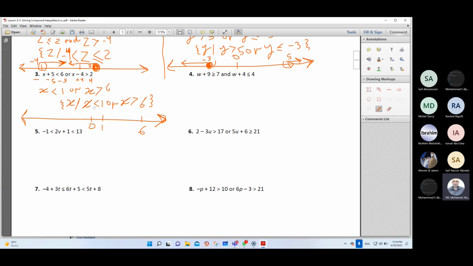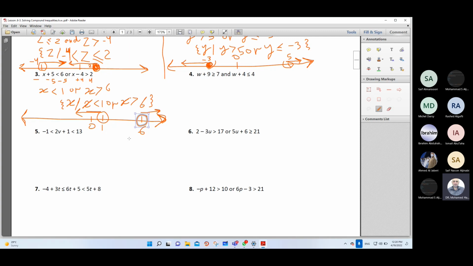We don't have equal in the sign, so use an open circle. Here x less than 1 means to the negative side. And here x greater than 6 means to the positive side. So in each question draw the line. Yes, we want to graph the inequality.